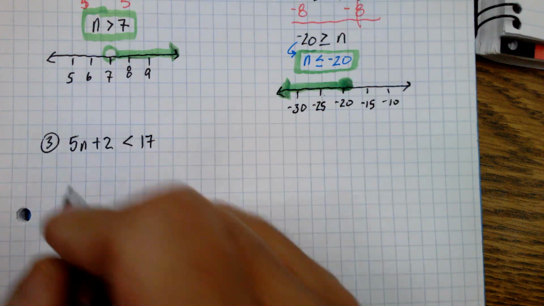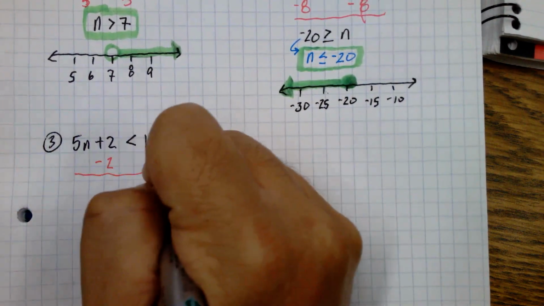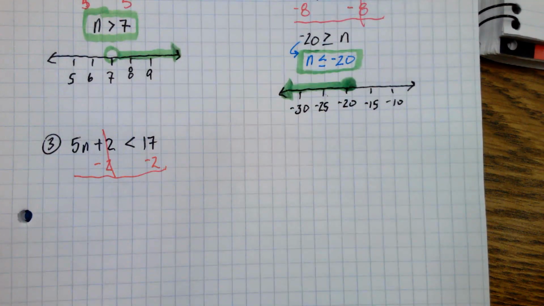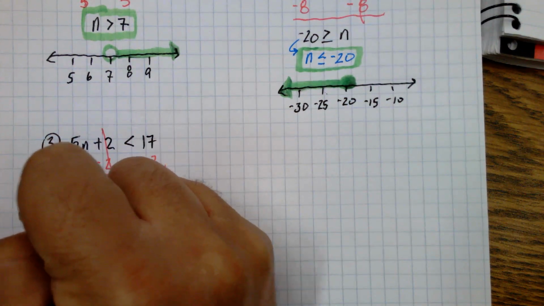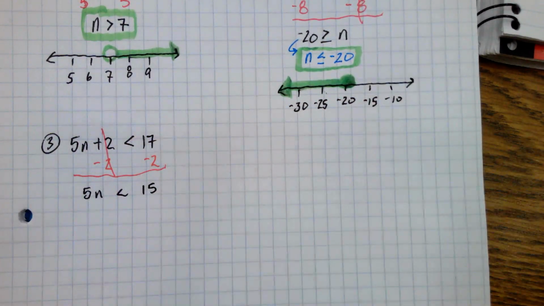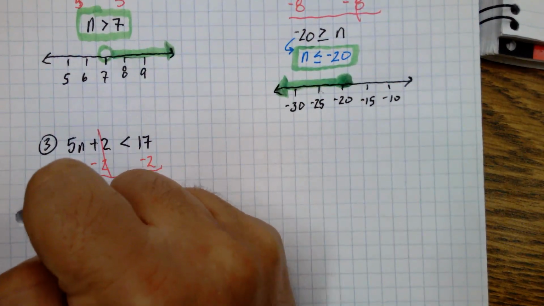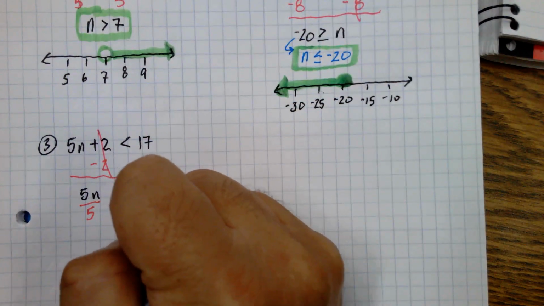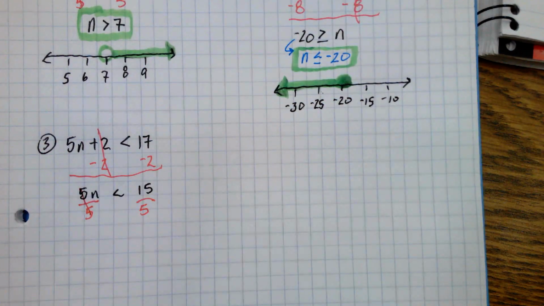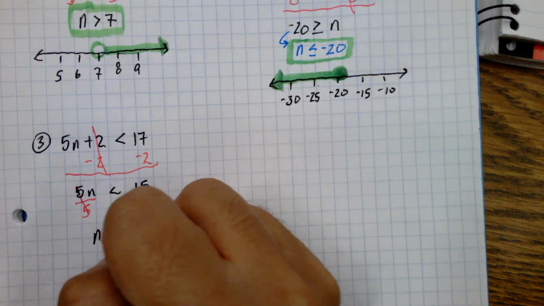We put -2 on both sides. Yeah. Get rid of the constant. So that's going to give us 5n is less than 15. And now let's just get rid of this coefficient. Today we're not going to deal with coefficients like -5. And we'll learn why tomorrow. So we end up with n is less than 3.